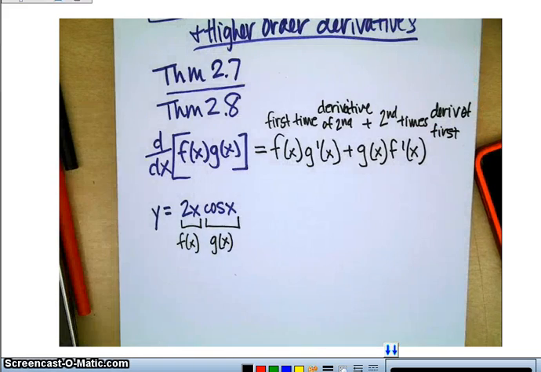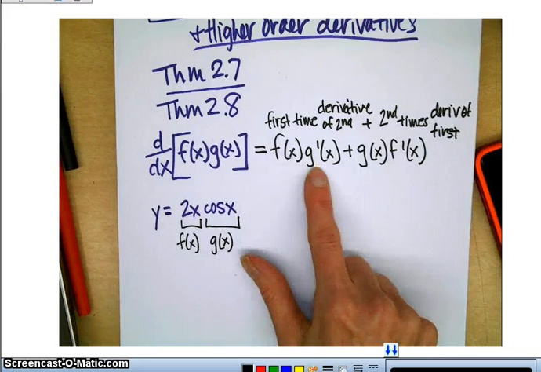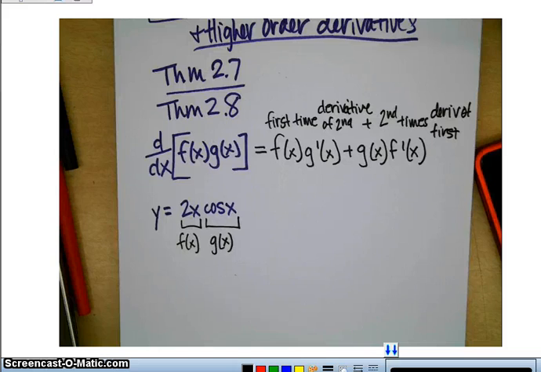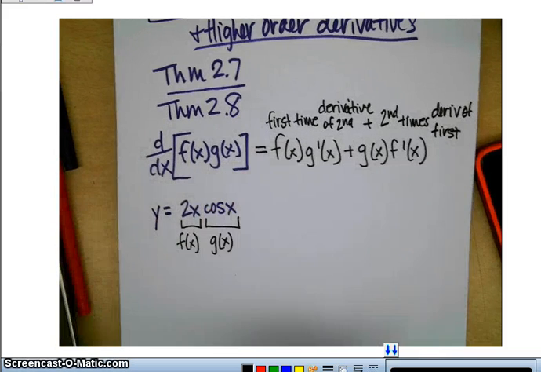That's in words. This means take the first times the derivative of the second plus the second function times the derivative of the first. First d second plus second d first. Okay, you've got to memorize it. You need to memorize the rule.